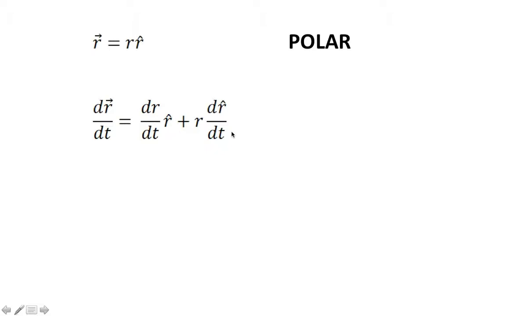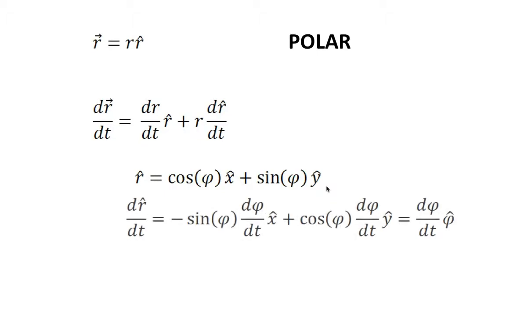Remember, it depends on phi, and so if phi is changing in time, r hat changes in time as well. Explicitly, r hat is equal to cosine phi x hat plus sine phi y hat. Therefore, when we take the time derivative of r hat with respect to t, we get negative sine phi dphi/dt x hat plus cosine phi dphi/dt y hat.